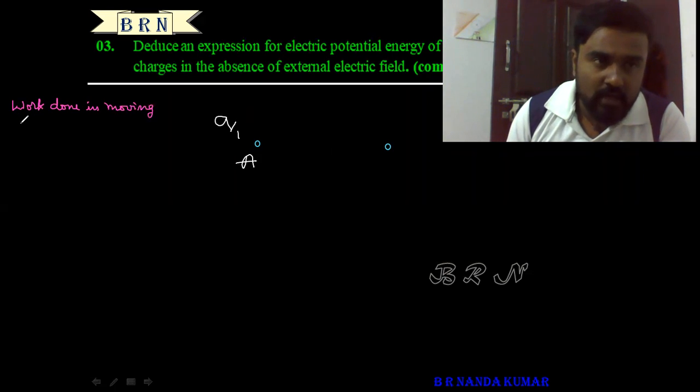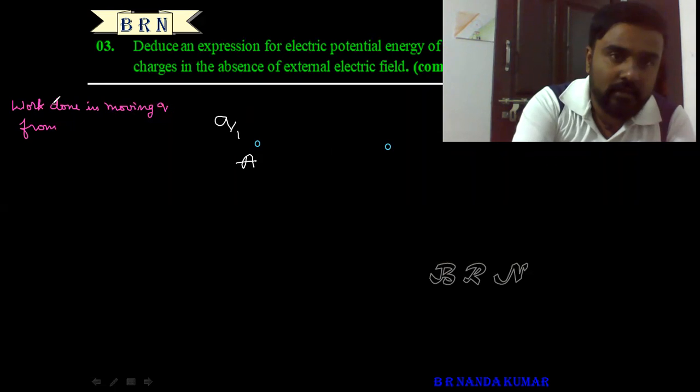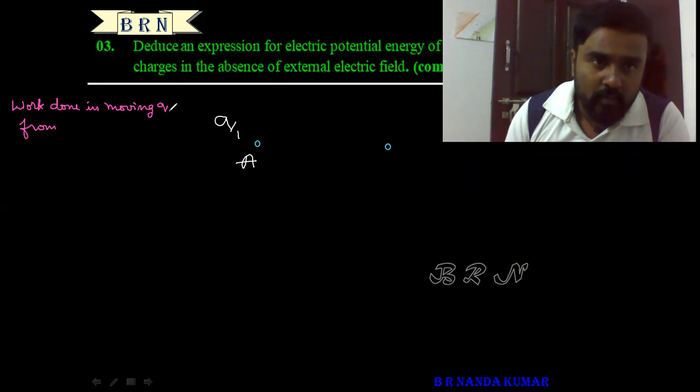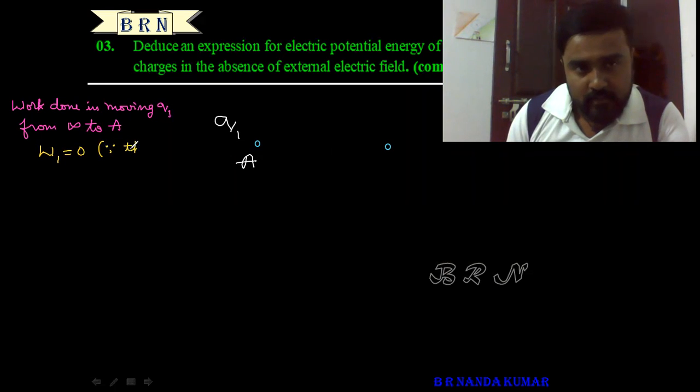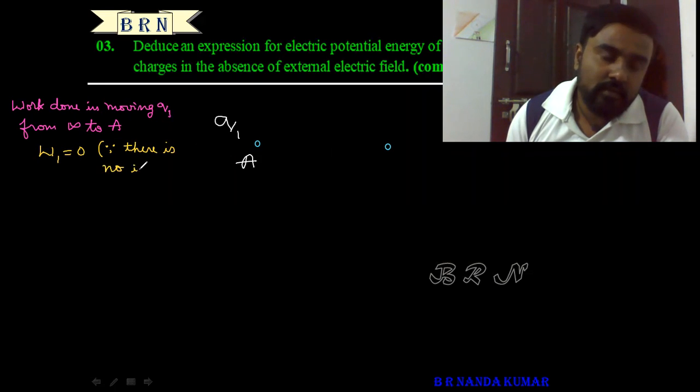Work done in moving or bringing the charge Q1 from infinity to point A is actually equal to 0, because there is no initial electric field.